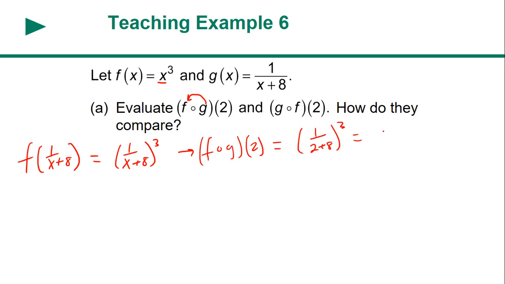What's 2 plus 8? 10. So 1 over 10 to the third. And what is 10 to the third power? 1,000. So our answer would be 1 over 1,000. So that's one way of solving it.